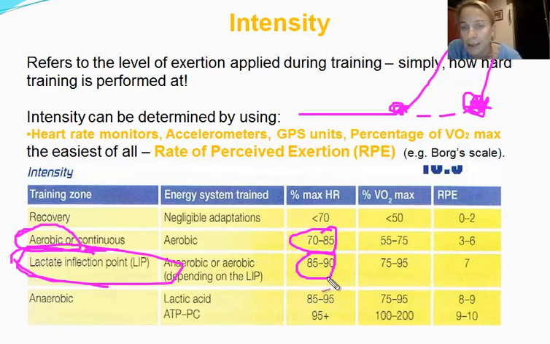This graph says 85 to 90% of heart rate max. So that's like you're on the verge of accumulating the metabolic byproducts that will fatigue you.